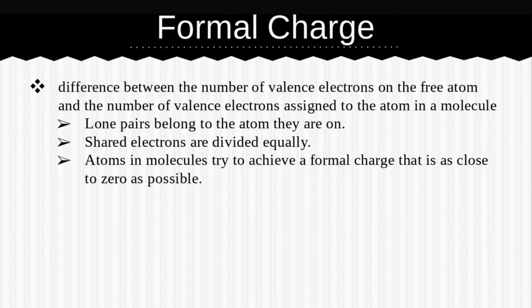We're not looking at electronegativity differences or anything. So for each bond, each atom in the bond gets 1 electron. Again, we try to get formal charges that are as close to 0 as possible. That will show us which structure is the most likely to occur.